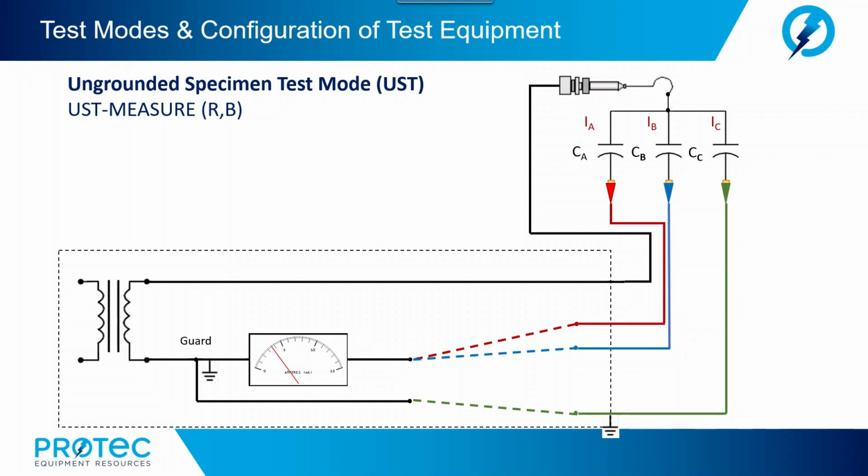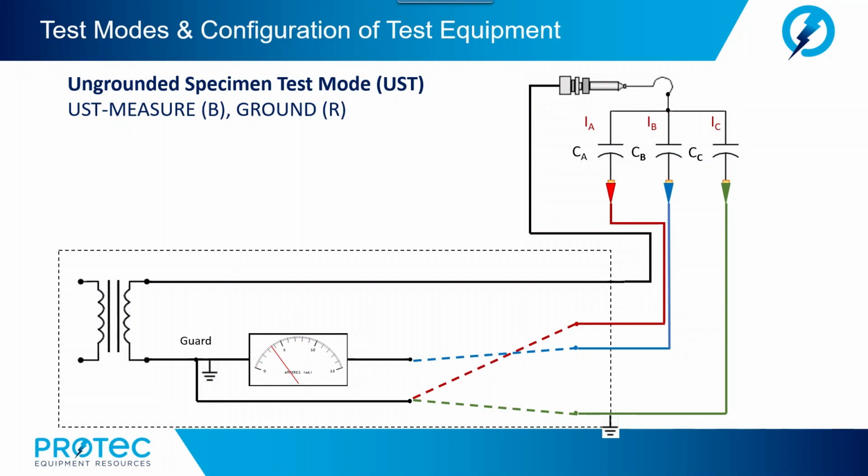So here we have UST. We are going to guard everything coming in on ground, and we're going to measure everything coming in on the red and blue lead. And thus, the test set results would be the measurement of I sub A plus I sub B.